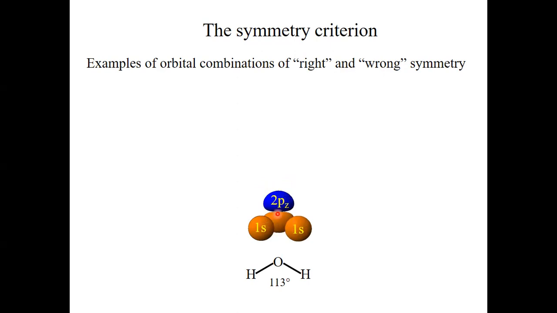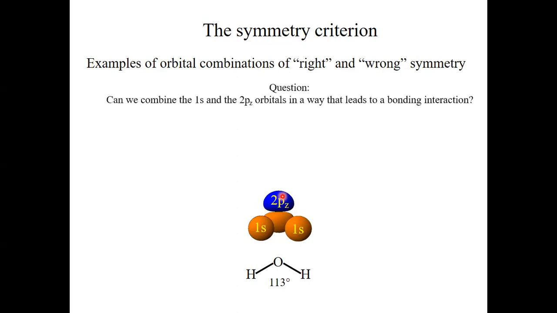Therefore, the positive interferences will be stronger than the negative interferences, and therefore the bonding interactions will be stronger than the antibonding interactions, so they will not cancel out. From that, you can now conclude that it will be possible to construct molecular orbitals from that combination.